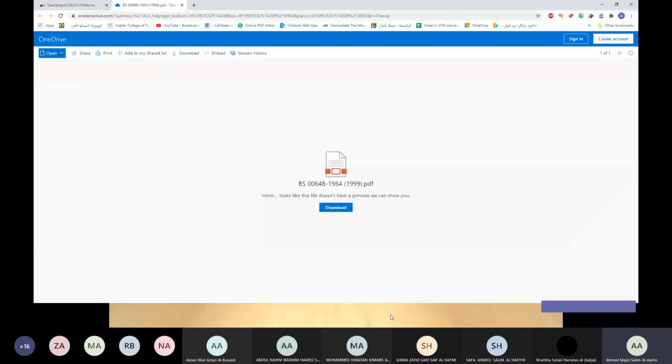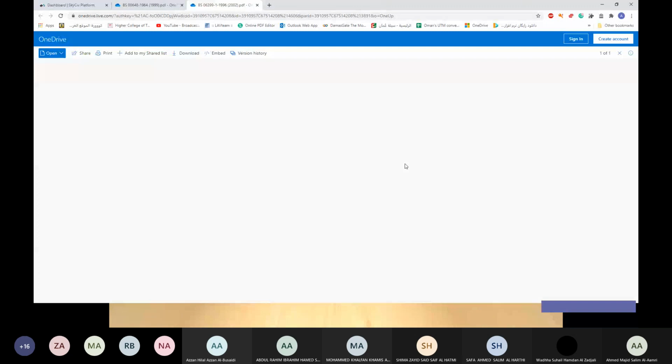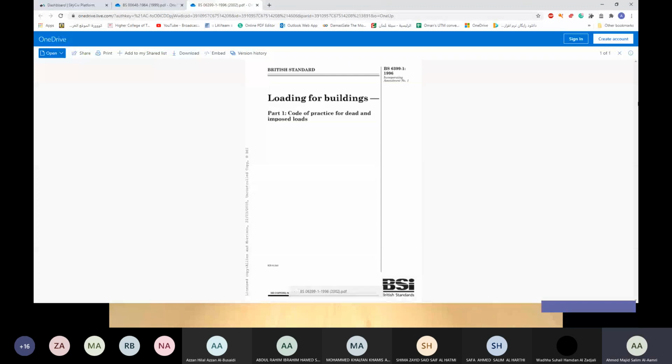And then the other one is loading for buildings, which is representing the live load. So if we go and see here, this is the live loading.